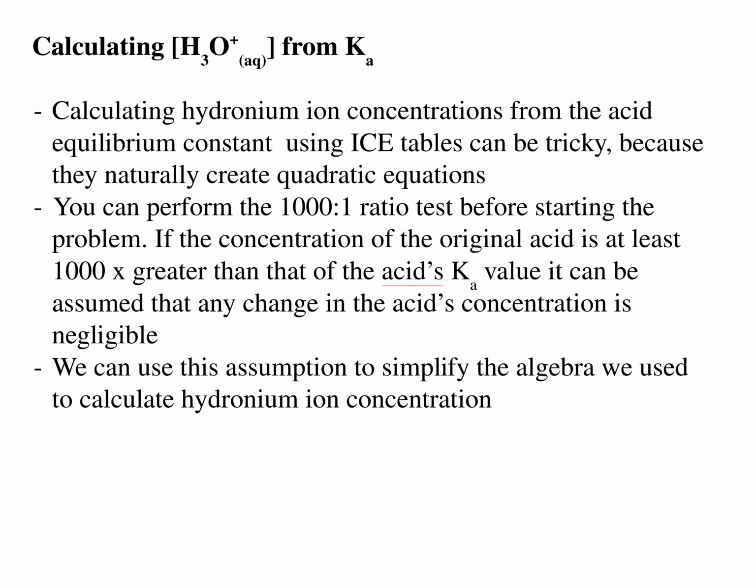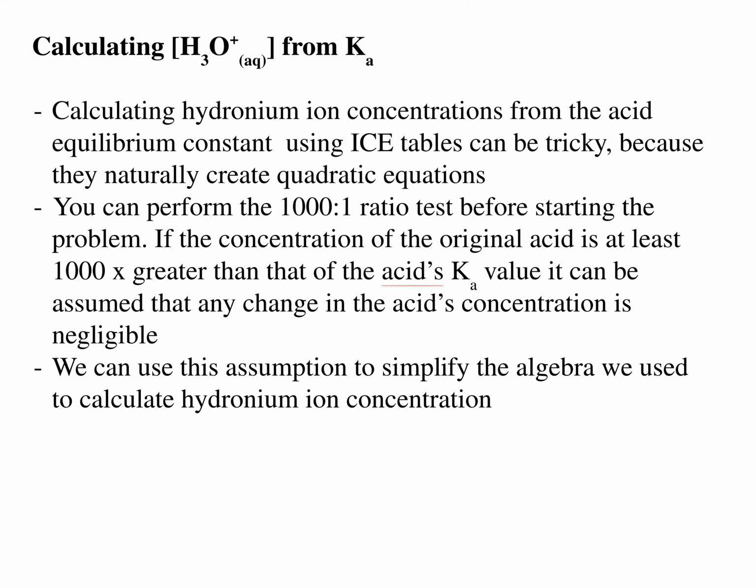So this is where ice tables are going to come back in. If you don't pass the rule of 1,000s, these can be tricky because it means you have to use the quadratic equation, because you're going to end up with a quadratic formula when you do all of the math. But the nice thing is that if it does pass the rule of 1,000s, the math is really, really simple, because it means that you'll have Ka as a solid number.